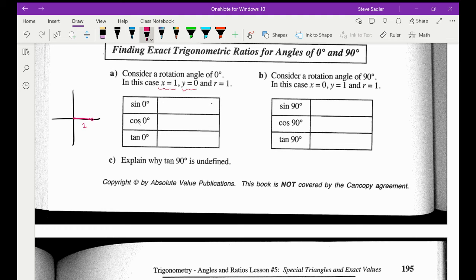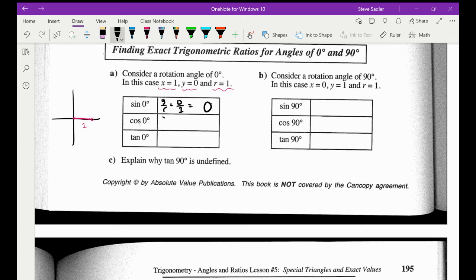X is 1, y is 0. It still makes r 1 because we do have sine values, cos values, and tan values of 0. So they still have to have values. So we know sine is y over r. In this case, y is 0, r is 1. So sine of 0 is just going to give us 0.